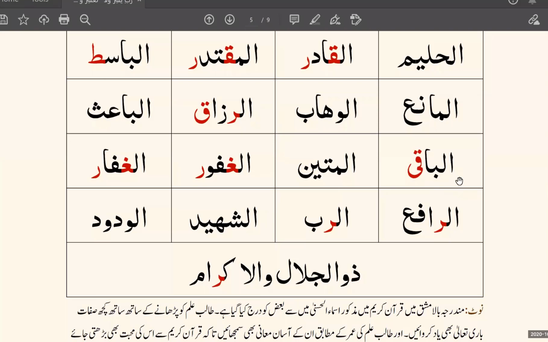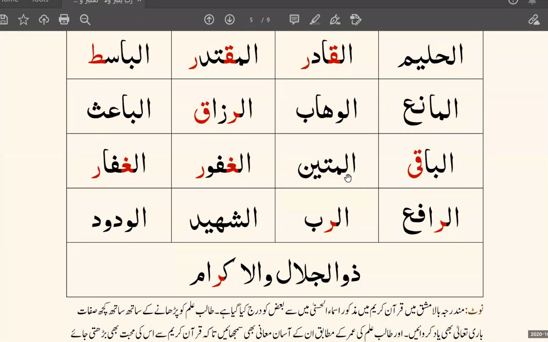Alif, Lam, Ba, Alif, Qaf. After Kaf, there is Ya.